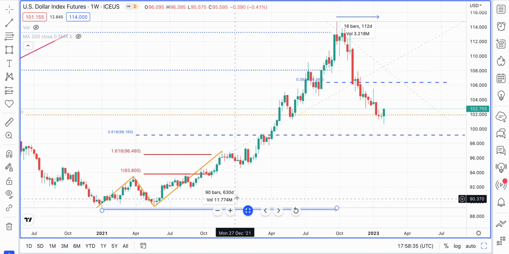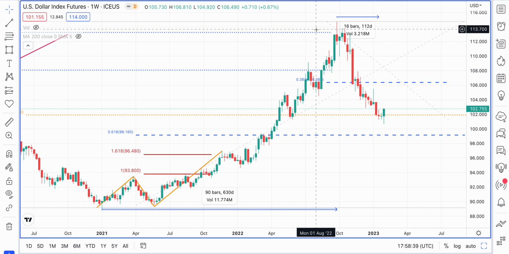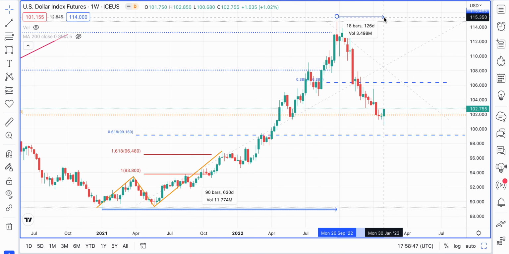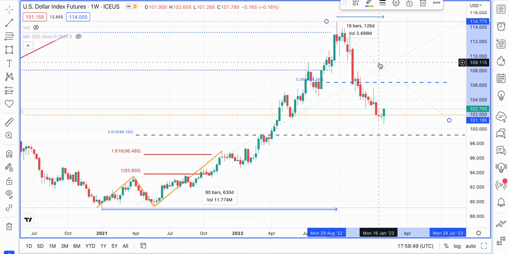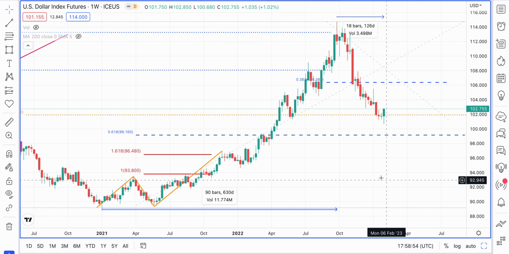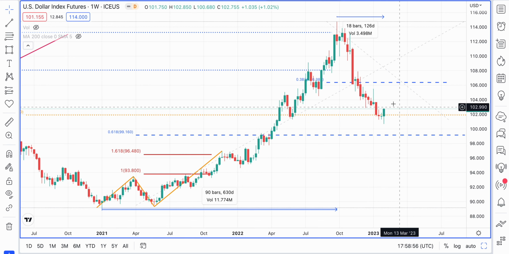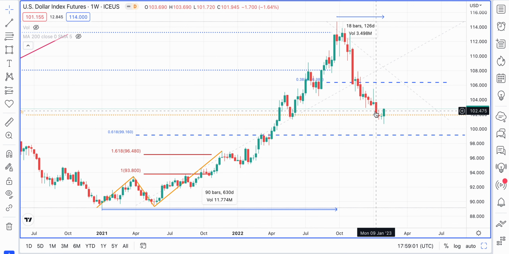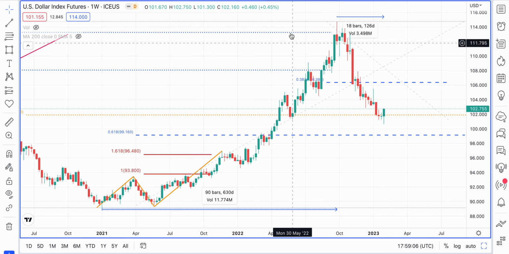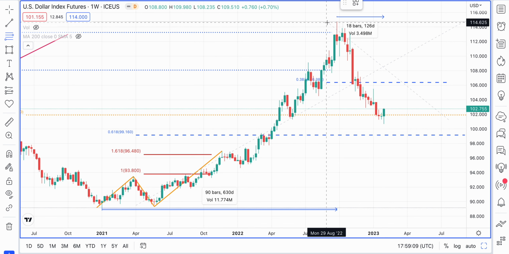It took about 630 days from low to high, and about 126 days to reach a low here, and it retraced 50% of this entire move higher. So what we are looking at is a candle which closed strongly on its high. It looks bullish for the US dollar, and obviously we'll have to wait and see the follow through.